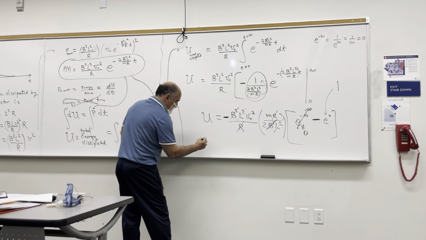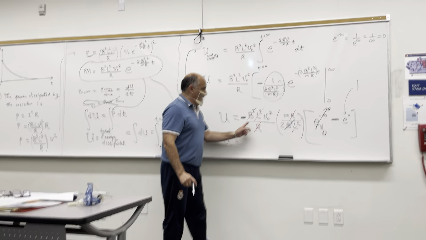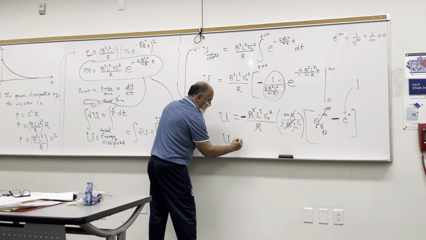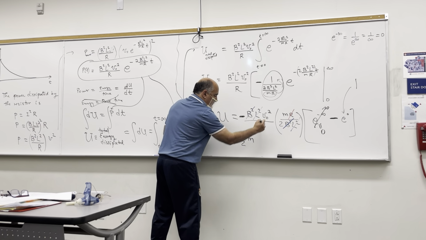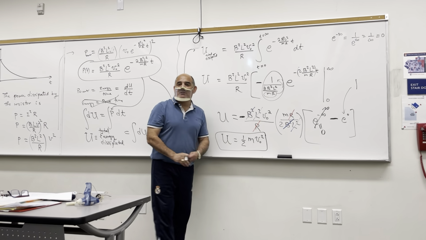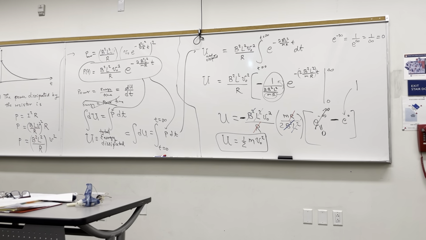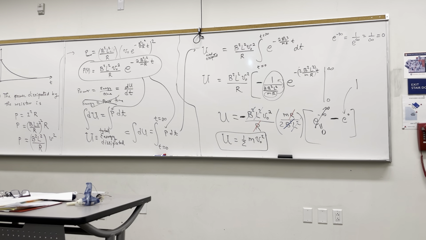And isn't this beautiful? This minus and that minus gives me a plus. I have a 1/2, I have the mass, and I have the v naught squared. That's the total energy dissipated by the resistor. Precisely the amount of energy that we put into the system when we hit it and made it move with an initial speed v naught. It's cool, isn't it?